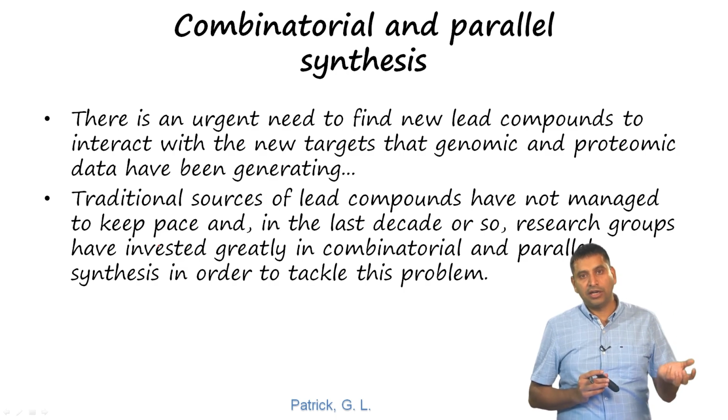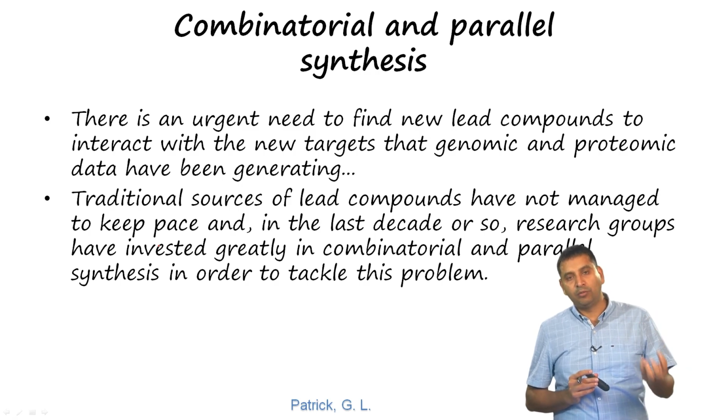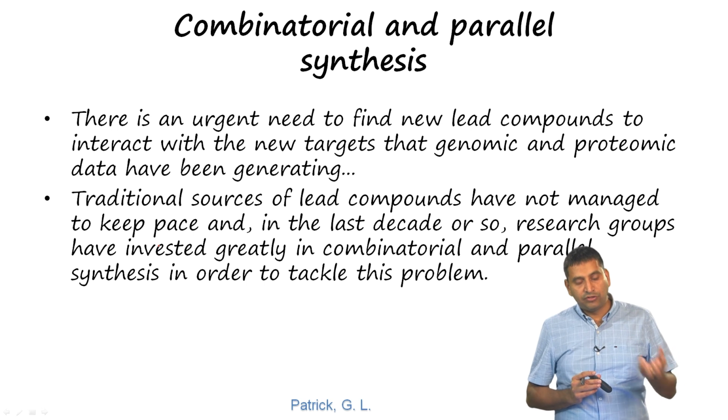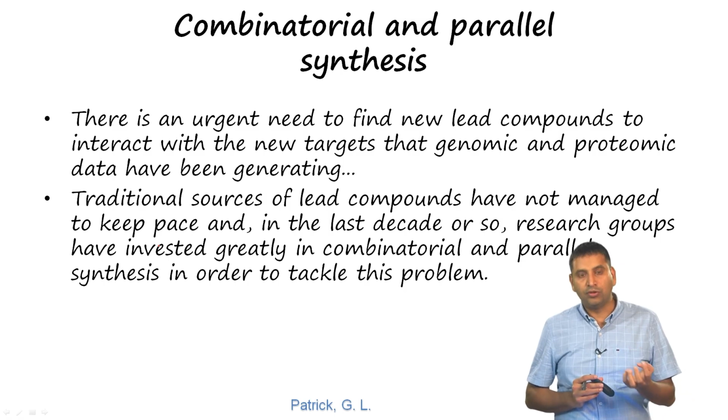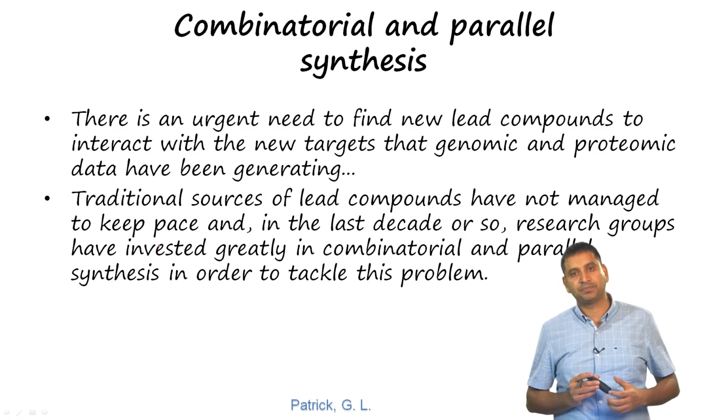Once the protein target has been identified, what we need to do is start screening for molecules. Traditional sources of lead molecules, for example from natural products or from libraries, are very useful, but they have not managed to keep pace.